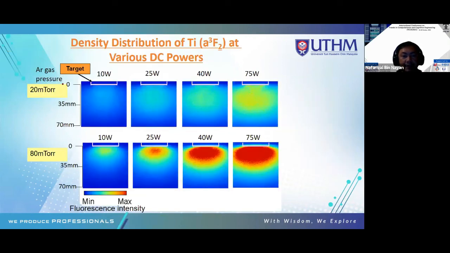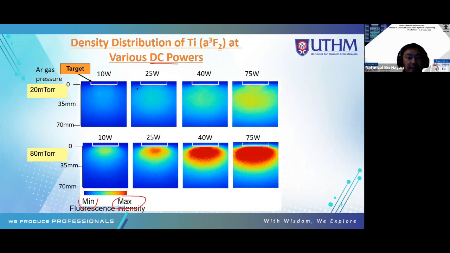This is an example of the result, where we can see the titanium atom at various discharge powers of the DC power supply that we use. When we increase the DC power, we can see the atom contribution. This image shows the density: blue is the minimum and red is the maximum intensity of the particle.